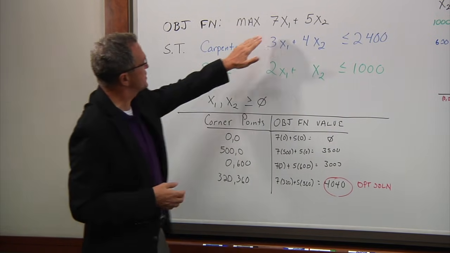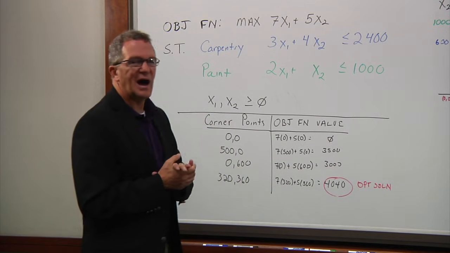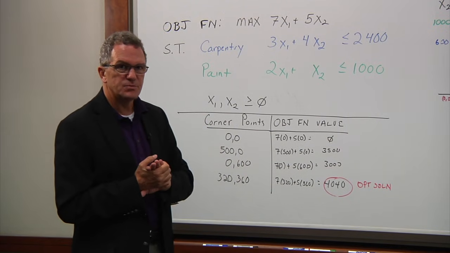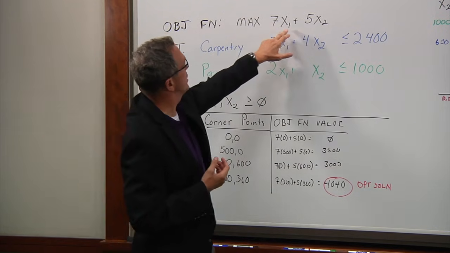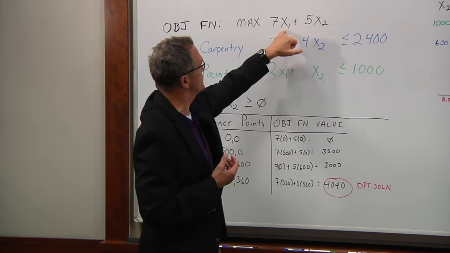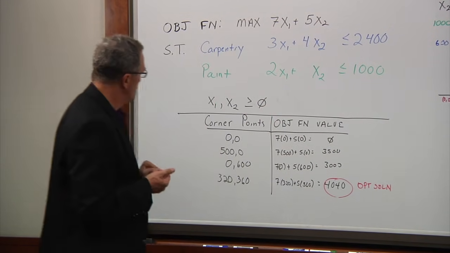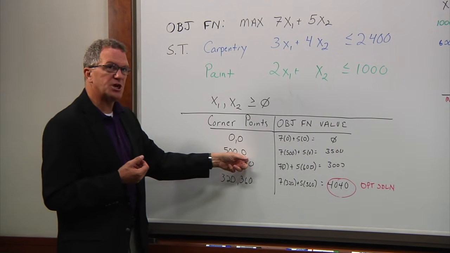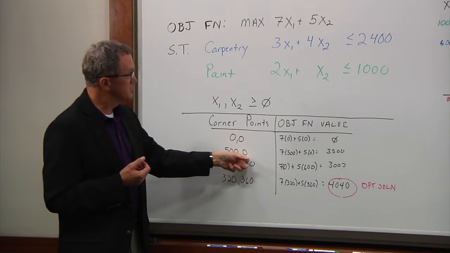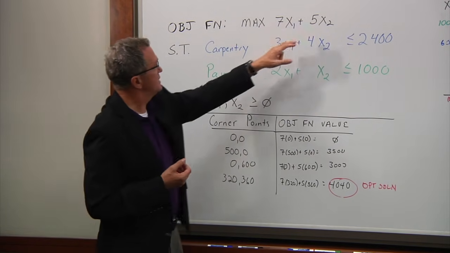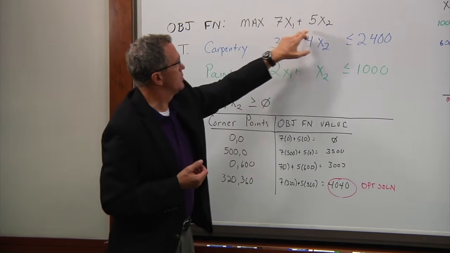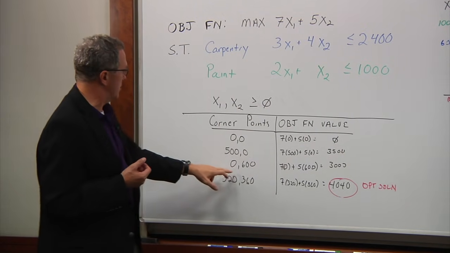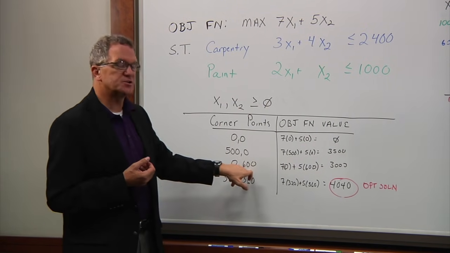What if, instead of $7 per table, I made $1,000 per table? So it would be 1,000 x1 plus 5 x2, $1,000 per table plus $5 per chair. Well, in that case, I would probably want to make all tables and no chairs. Makes sense. If I made $1 per table and $5 per chair, I would probably want to make no tables and all chairs.